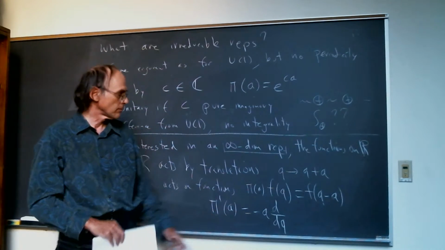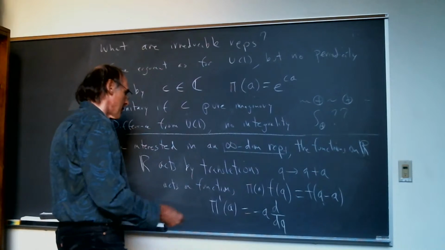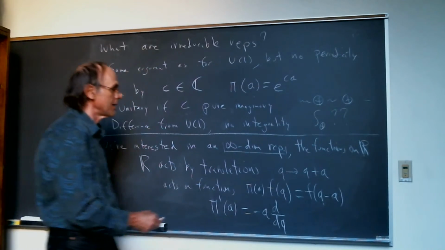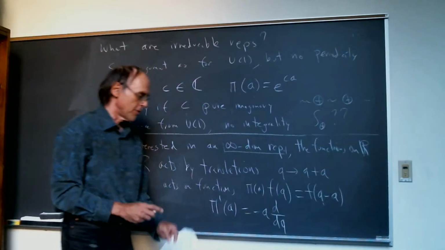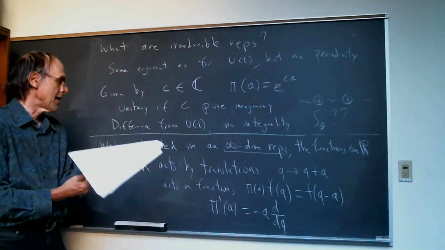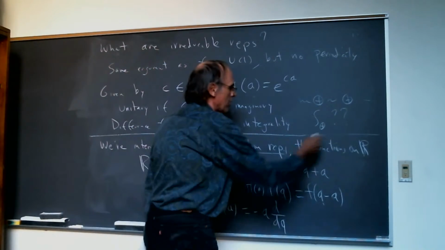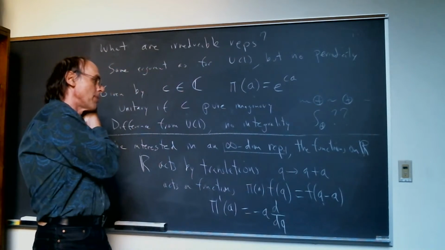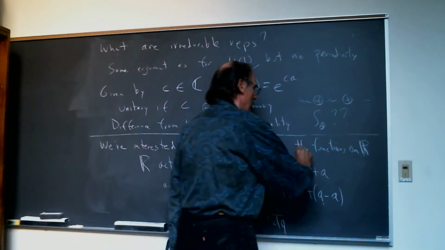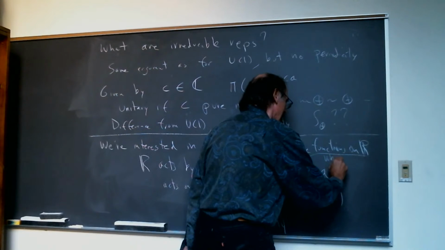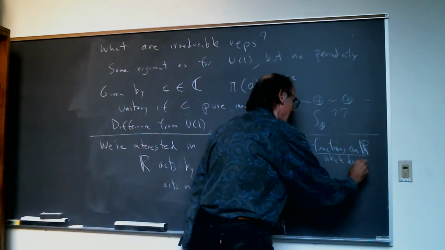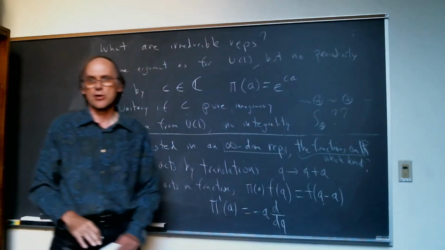Okay. But this is the representation, and now if you're used to thinking about analysis, you're going to go, wait a minute, but he hasn't told us what kind of functions you are talking about here.